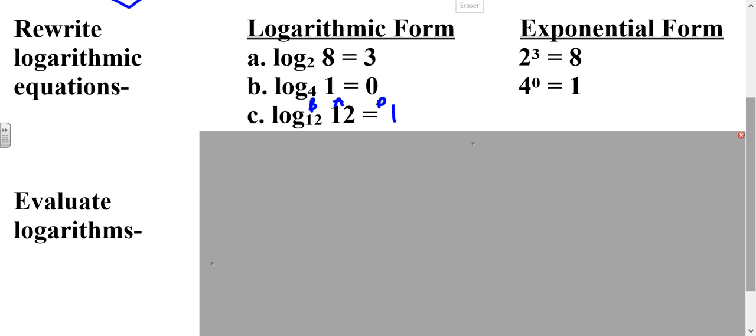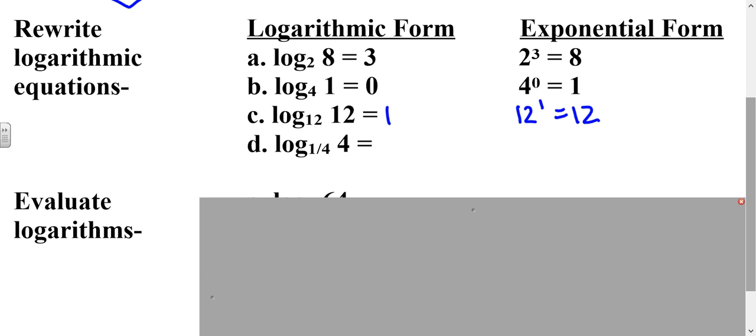Another way to do that would be the heart method. So I would do 12 to this power equals 12, which would still be 1. So to rewrite that in exponential form, 12 is my base, 1 was my power, and 12 was my answer. So that's how I would rewrite that in exponential form.